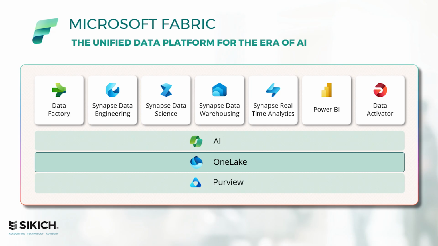So obviously, most people have heard of Power BI. It is now just another component of Fabric. You would just go to your Fabric portal and you can start creating your Power BI reports right there within the Fabric ecosystem. Synapse as well. While Synapse is still a separate service within Azure that you can use, Microsoft really is trying to move everybody towards the Fabric solution.